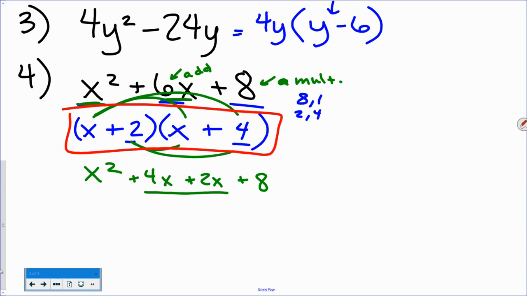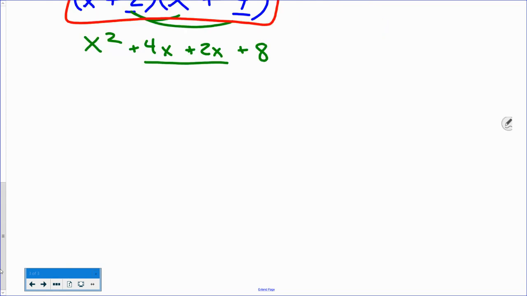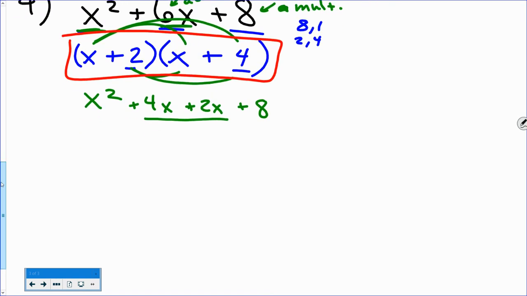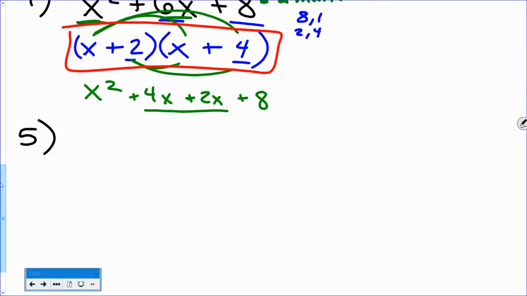Okay, let's try another one. So if I gave you 3x squared plus 30x plus 75.